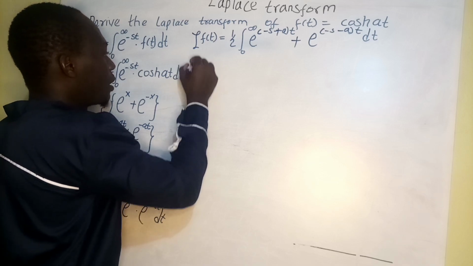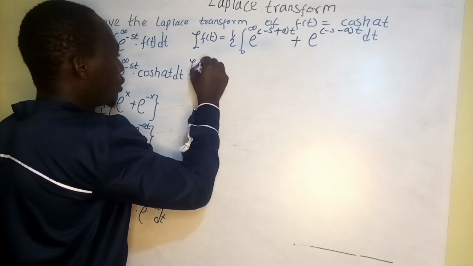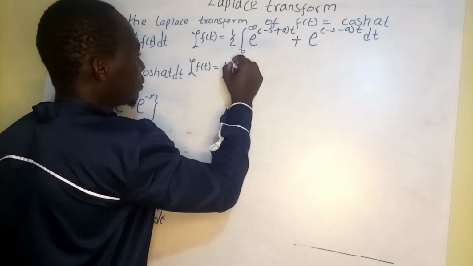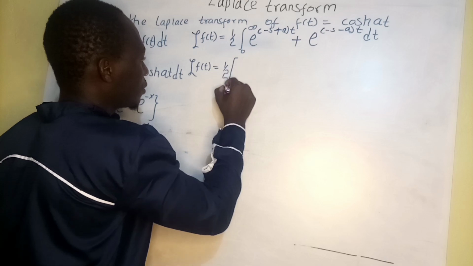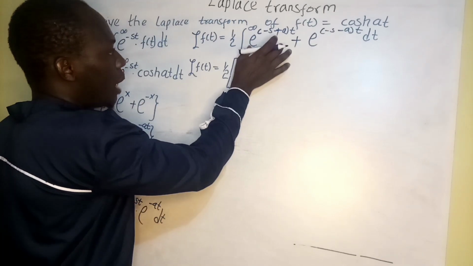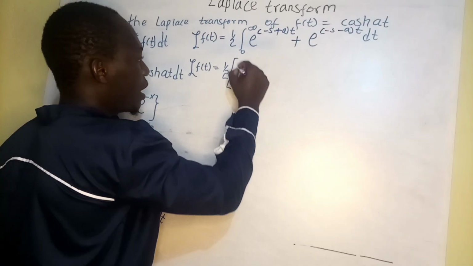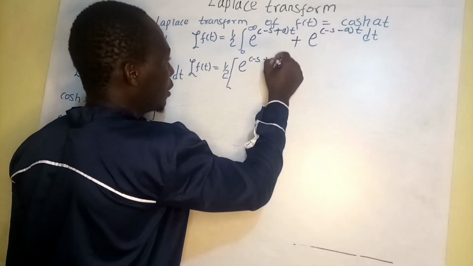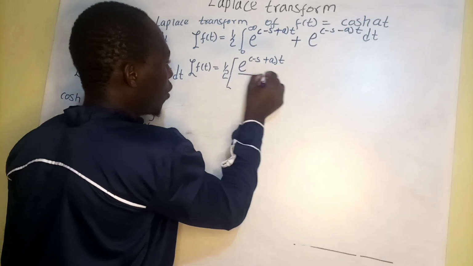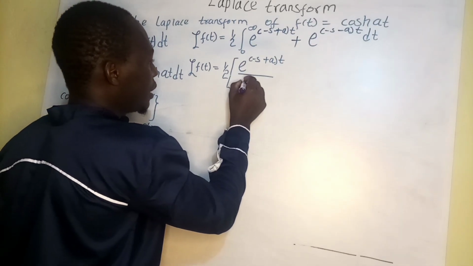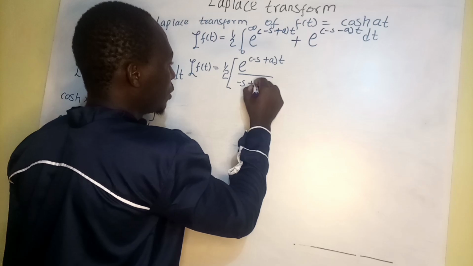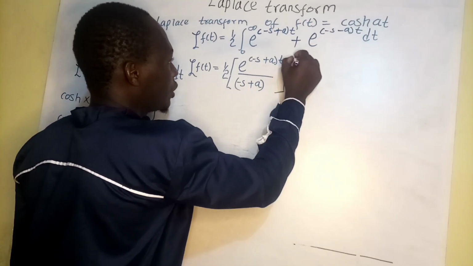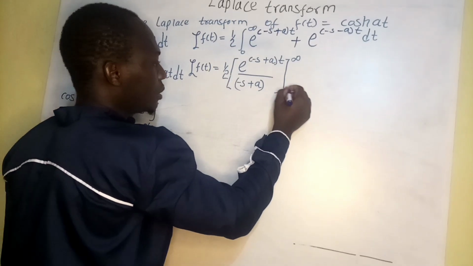We are going to have the Laplace transform of our function f of t equal to a half, multiplied by our integration here, exponential negative s added to a, t, all over negative s added to a, with respect to the upper limit and the lower limit.